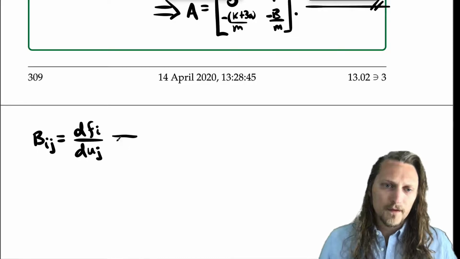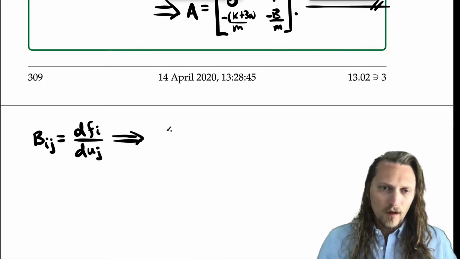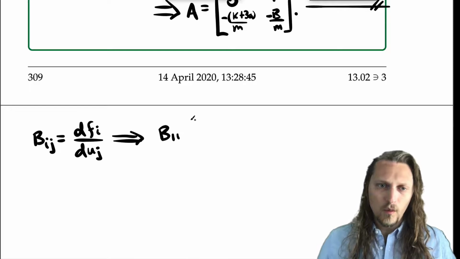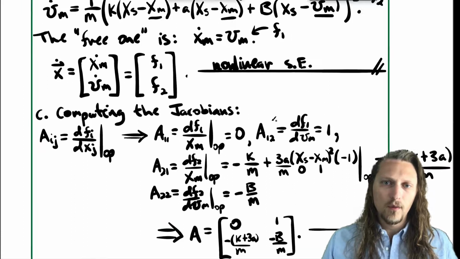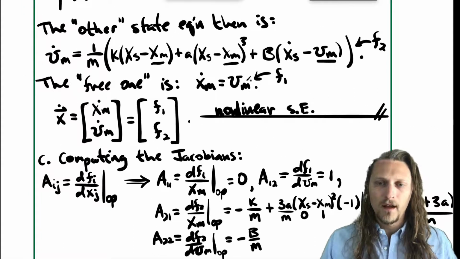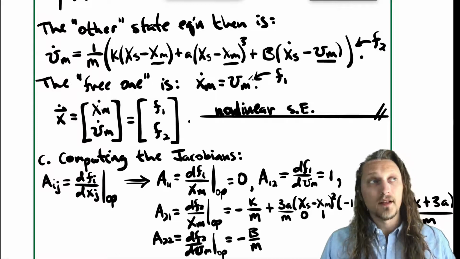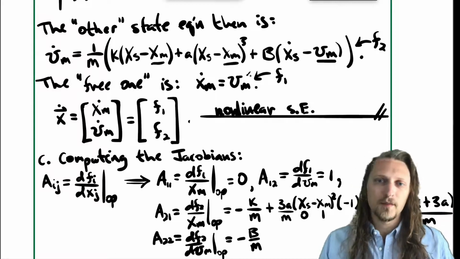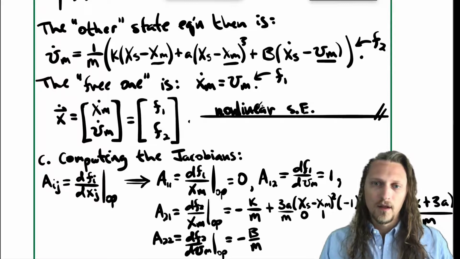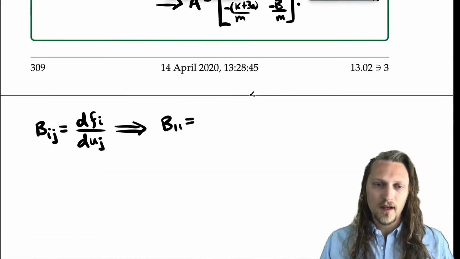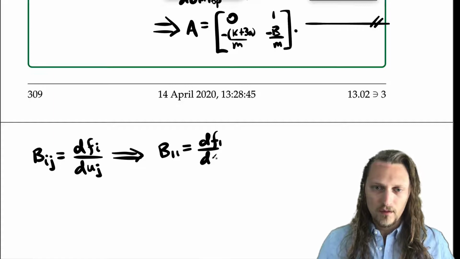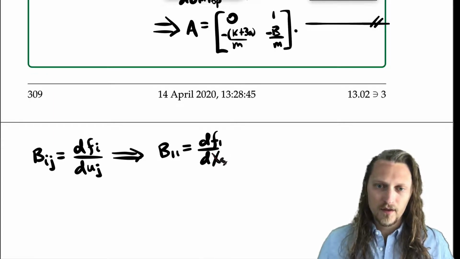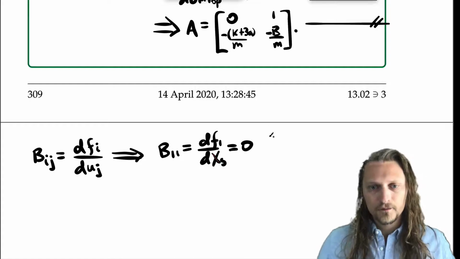So this tells us that B11 is simply dF1/dxs. F1 is the simple one, remember. The derivative of this with respect to xs is 0. We have no xs dependence on the right-hand side, so that's 0.